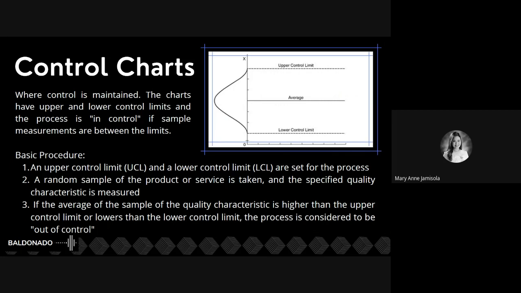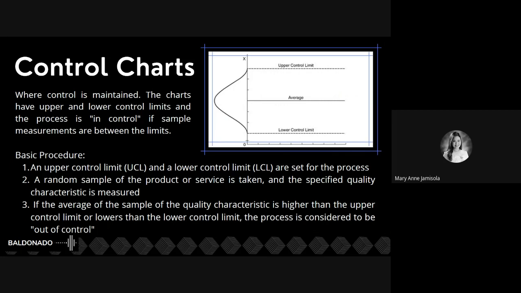After setting an upper control limit and a lower control limit, we now select a random sample of either the process, product, or service, and the specified quality characteristic is measured. If the average of the sample of the quality characteristics is higher than the upper control limit or lower than the lower control limit, then the process is considered to be out of control.